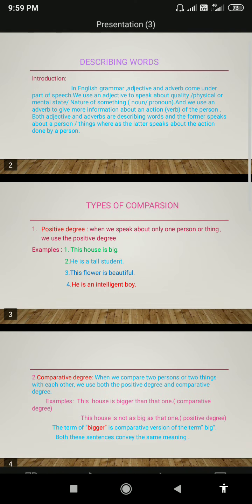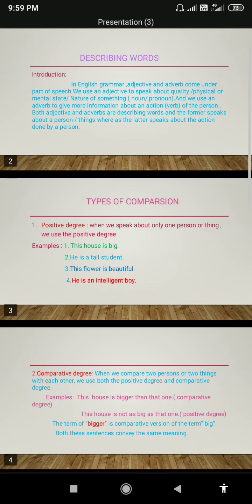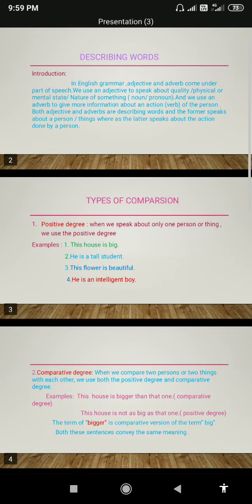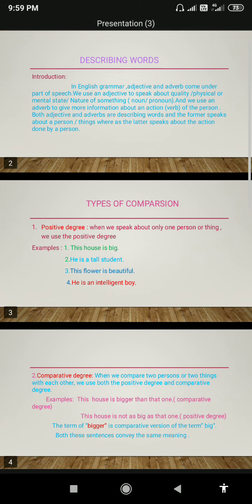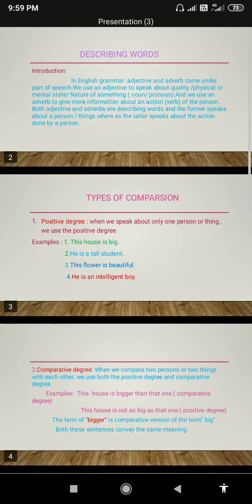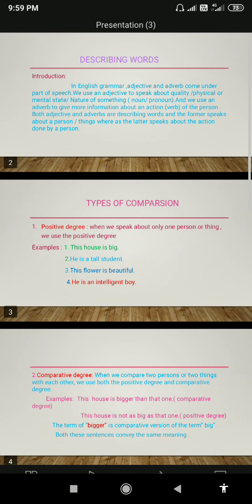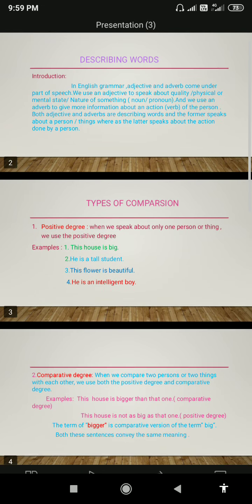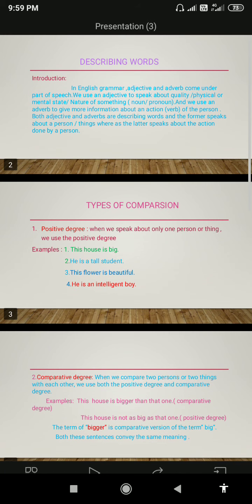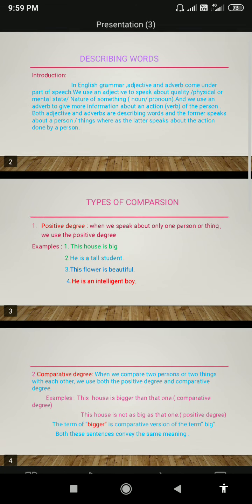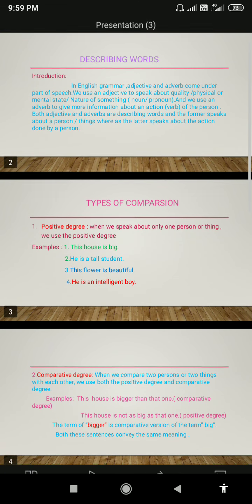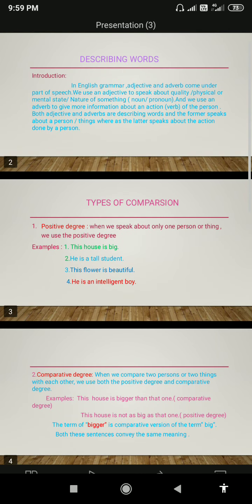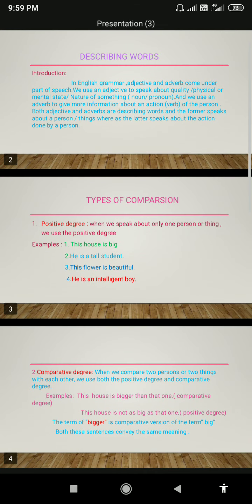Suppose you observe these two examples: he is a brave boy. There are 25 boys in the class. In the first, brave is an adjective. In the second sentence, 25 is an adjective.